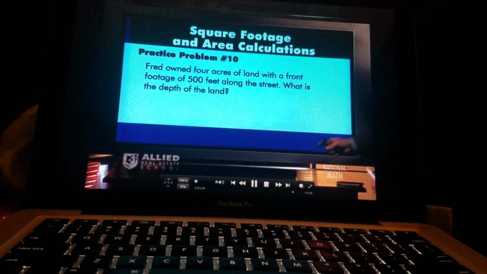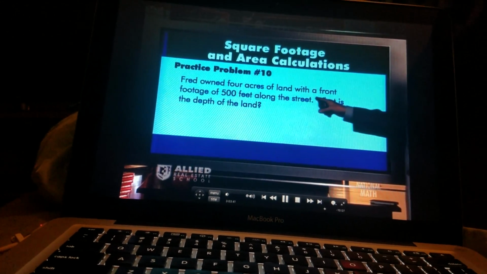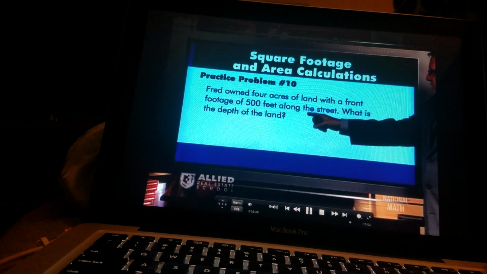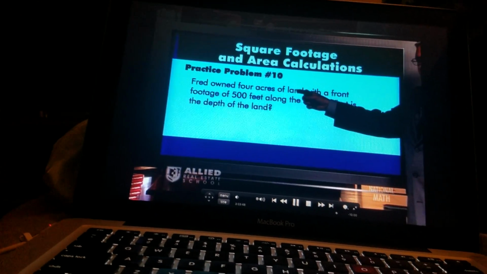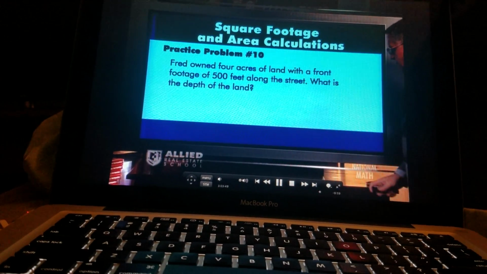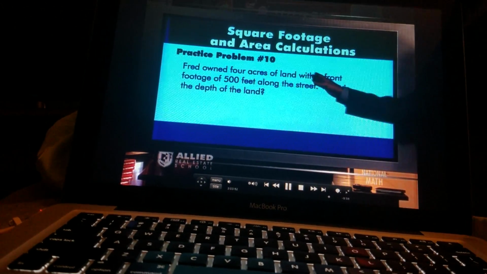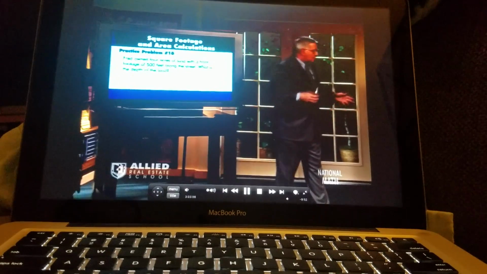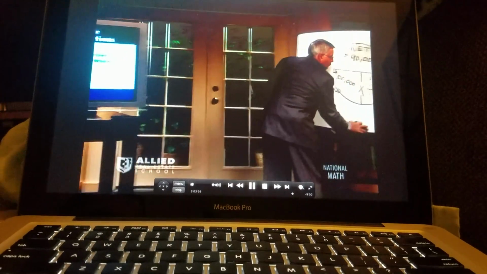It says this. Fred owned 4 acres of land with a front footage of 500 feet along the street. What is the depth of the land? So he's got 4 acres with front footage of 500 feet. Now, I think the easiest way to do this type of problem, and maybe you can see it in your head, but I think an easier way to do it is to draw it out.